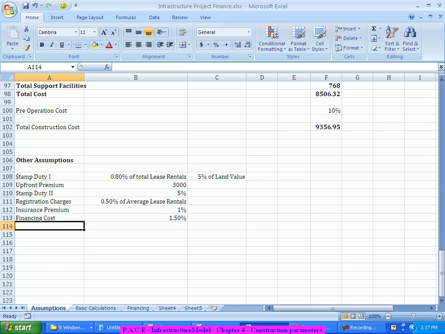Fine. I mean the construction part and the financing aspect. These two put together, the infrastructure part plus all the supporting parts like stamp duties, upfront premiums, registrations, insurance, all these things will add up. And financing cost is more like, even for raising a loan, there is a cost incurred on the raising of that loan itself.